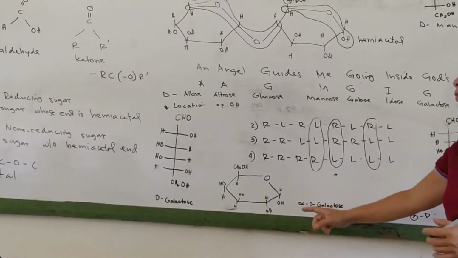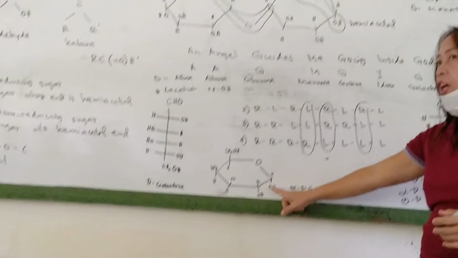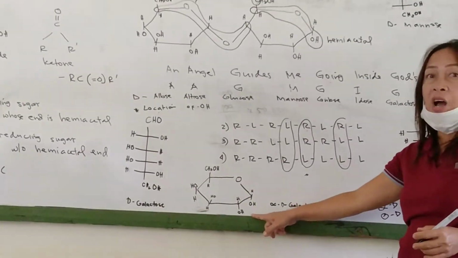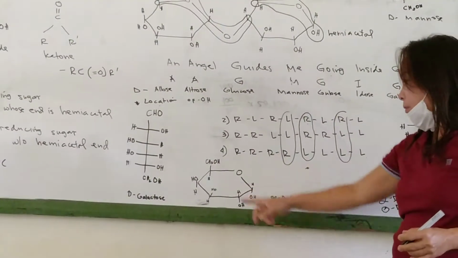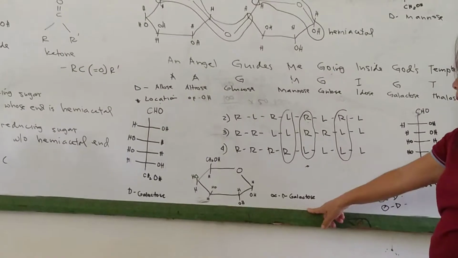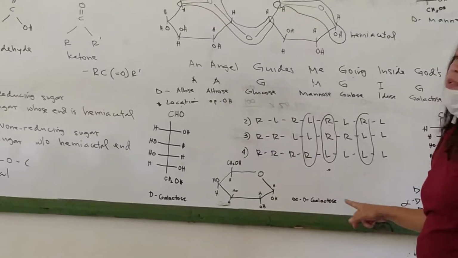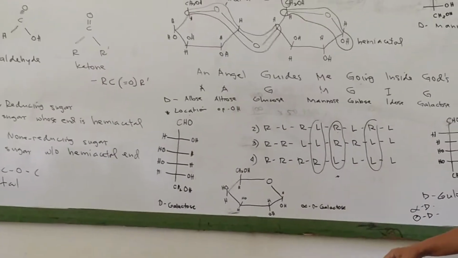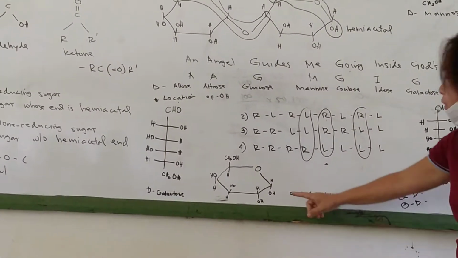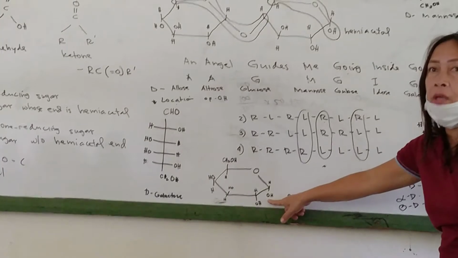So why is it alpha? It's because the OH on the anomeric carbon is found on the right. It's down. Alpha-D-galactose. Okay, class. If it's beta-D-galactose, you just change the location of the OH.